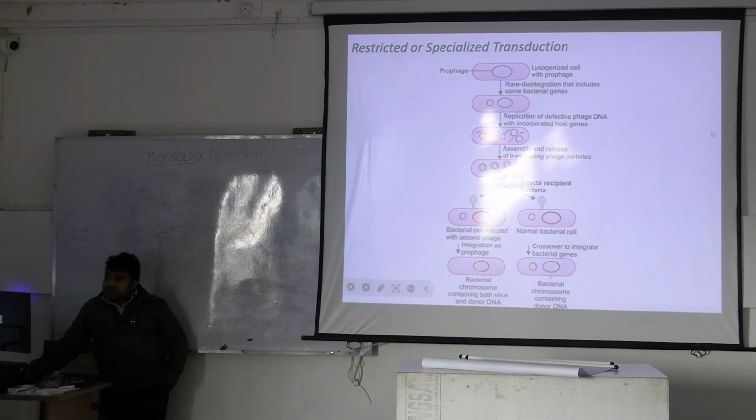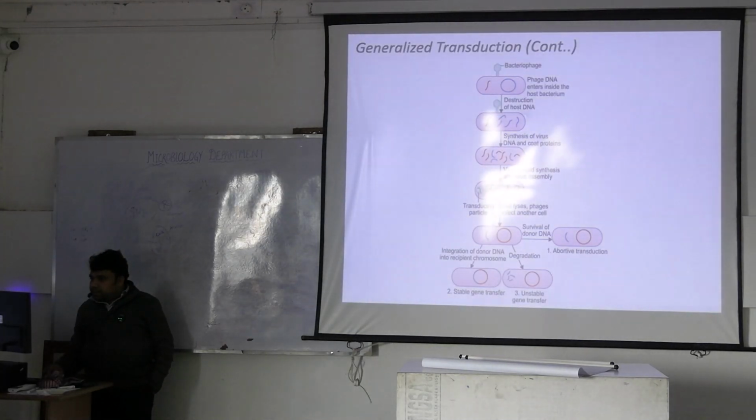So what you can see is, during the lifespan in the lysogenic phase, some part of the viral DNA gets integrated into the bacterial cell. And as I have already told you, if this is a toxin producing gene, then during this lifetime, the bacteria can start producing toxin. Okay.